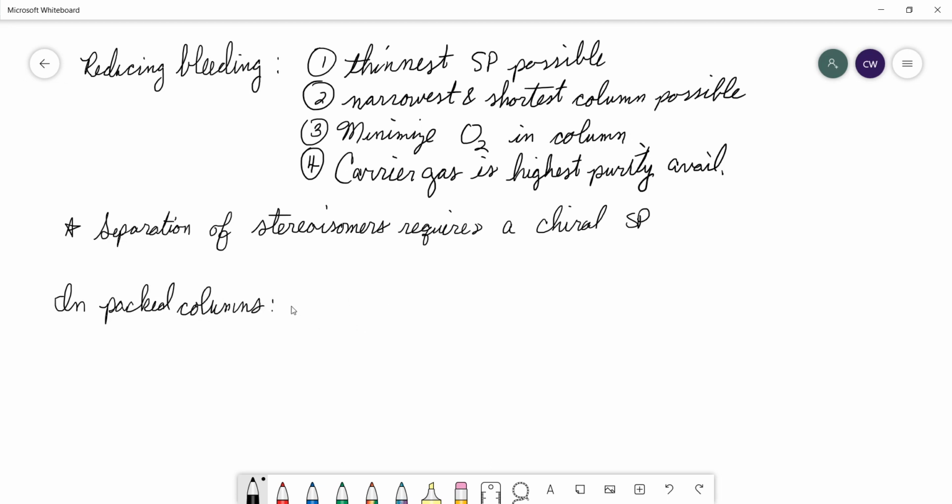In packed columns, uniform particle size increases efficiency and resolution.